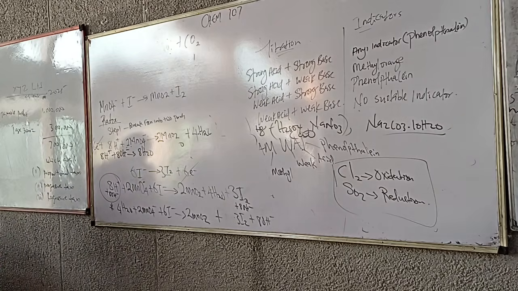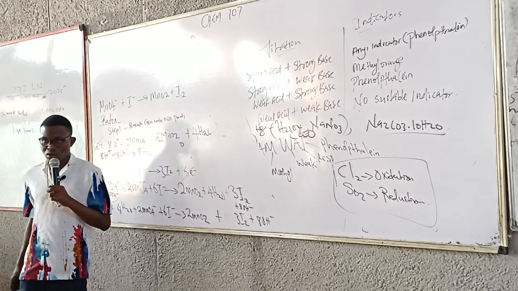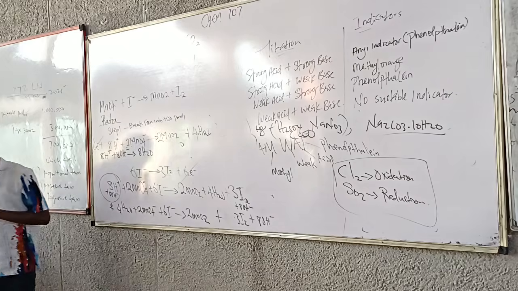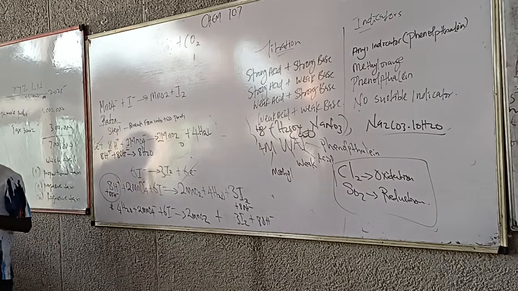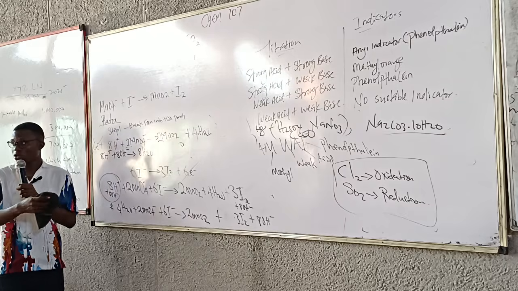Let's do 57 first. Check 57, that particular question. Let me explain why the answer is this, a disproportionation reaction. Can I wipe my board?